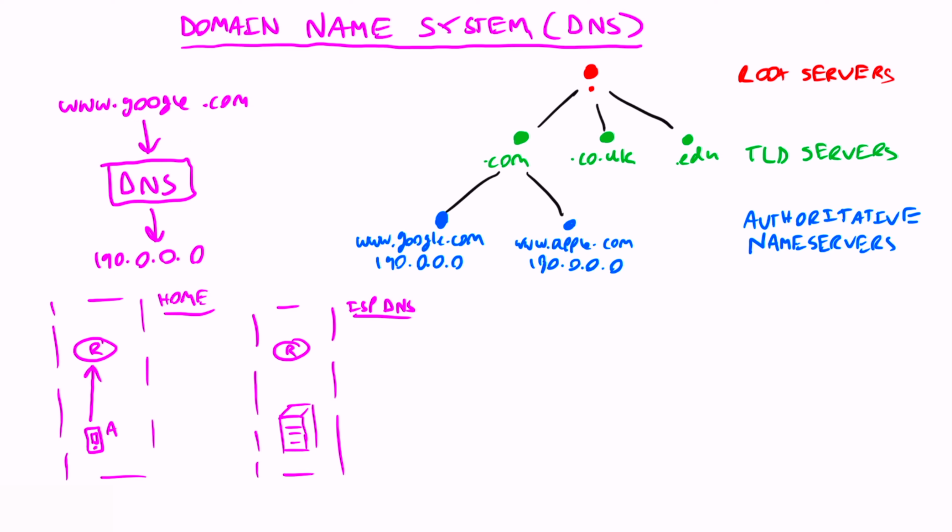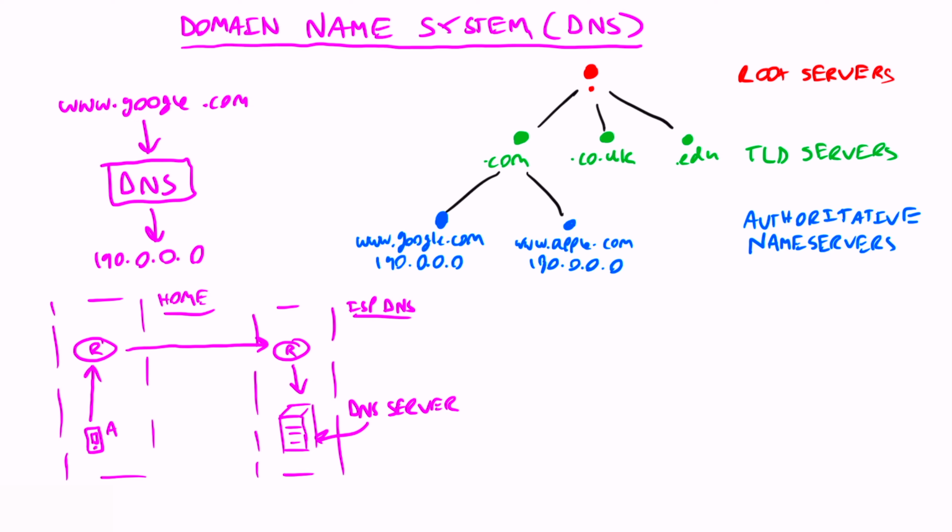And then the router will know what to do. The router is going to send to your internet service provider. And the internet service provider is going to contact the DNS server. And this is going to be responsible for running the algorithm that actually gets your IP address.